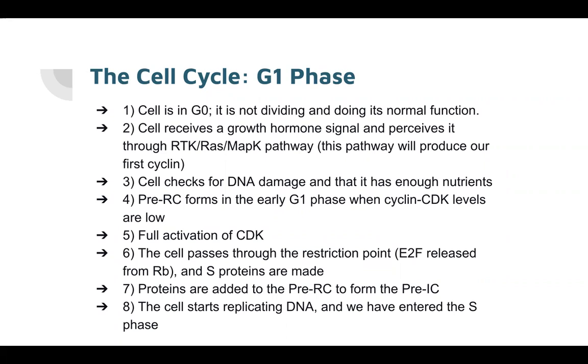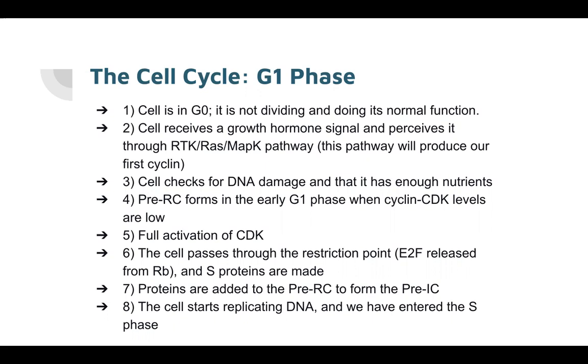If they're in G0, they're just going to function normally. They're not growing, dividing, anything like that. When they receive a growth hormone signal, often through the RTK, RAS, MAPK pathway, that signals them to enter G1, and if everything goes smoothly, they'll be able to divide.